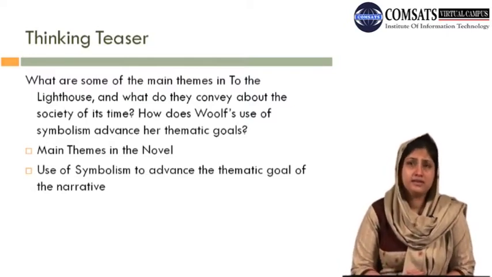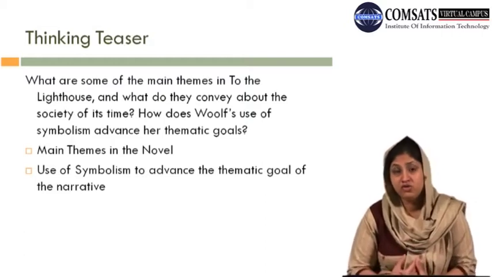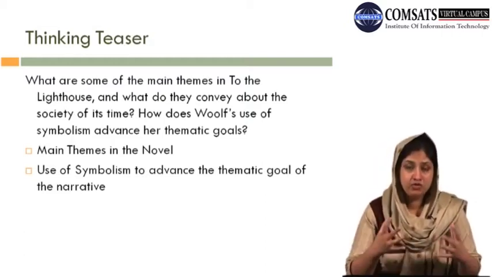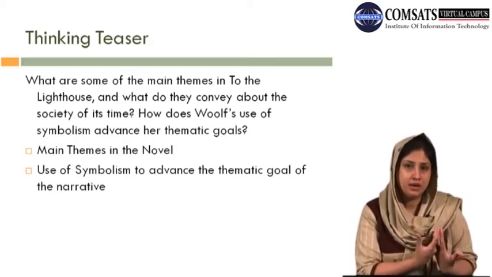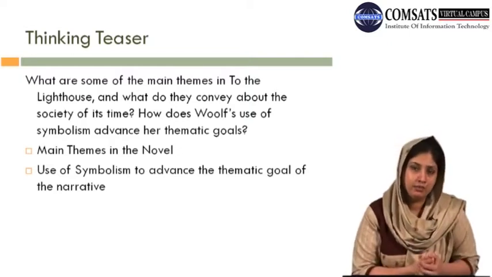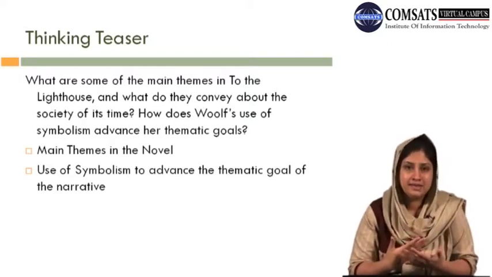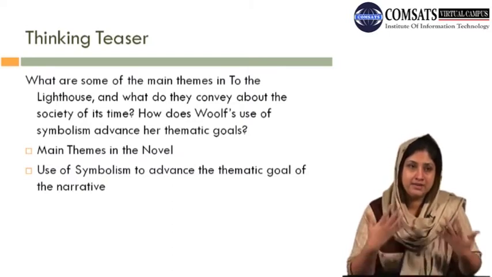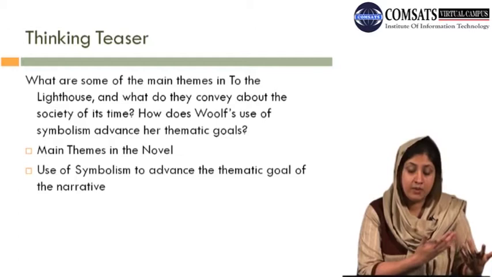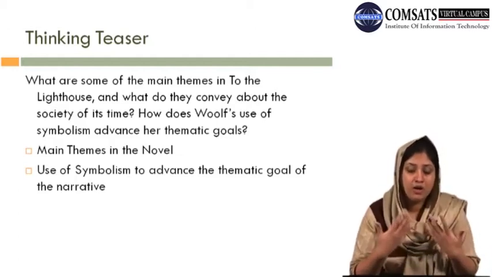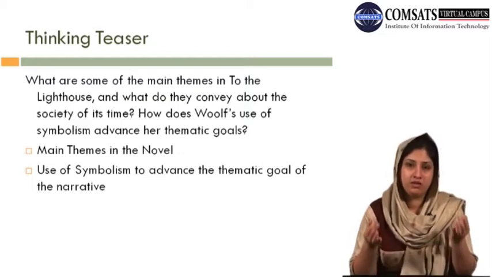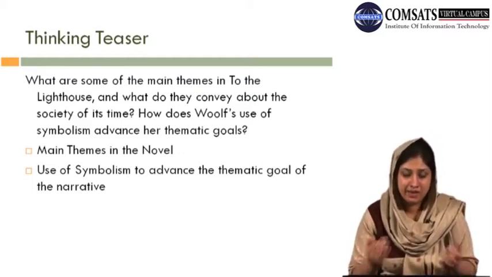Well, if you chunk this question down into two pieces, you will get to know that it can be chunked down into how many themes are there in the novel, or how many themes we can take out of the novel that let us understand the era when this novel was written, or how many themes reflect the situation of the time where the writer was living in.